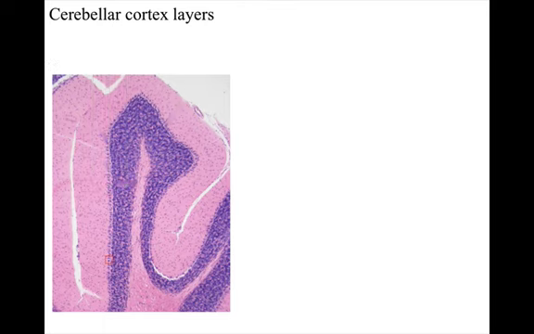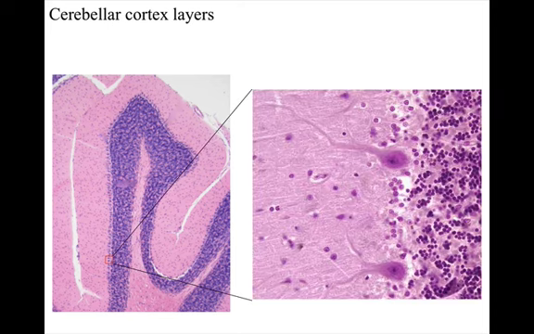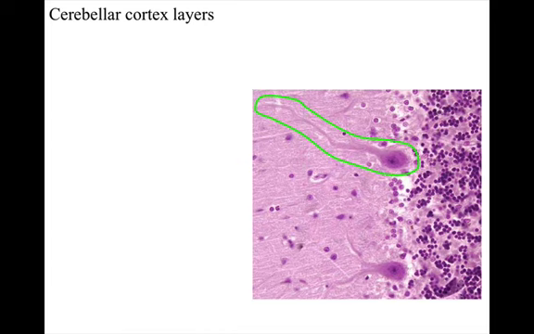If you pick a small region, like the one in the red rectangle, and enlarge that one, you can see the thick layer of granule cells on the right, the thin layer of much larger Purkinje cells in the middle, then the thicker molecular layer. I've circled one Purkinje cell in green.